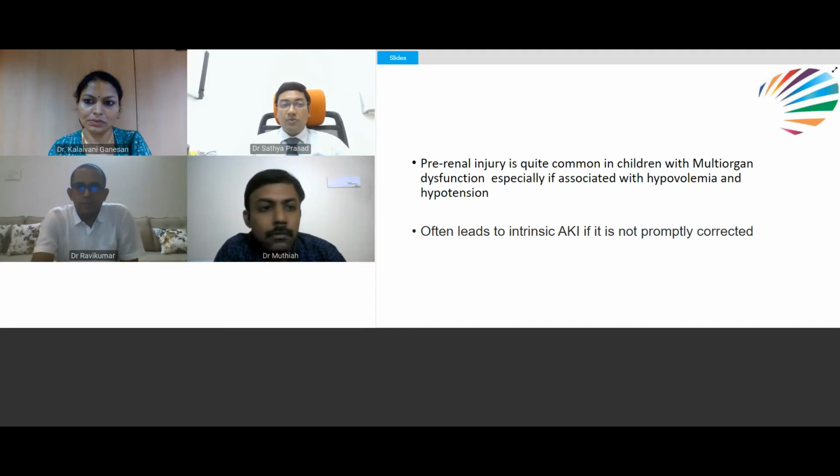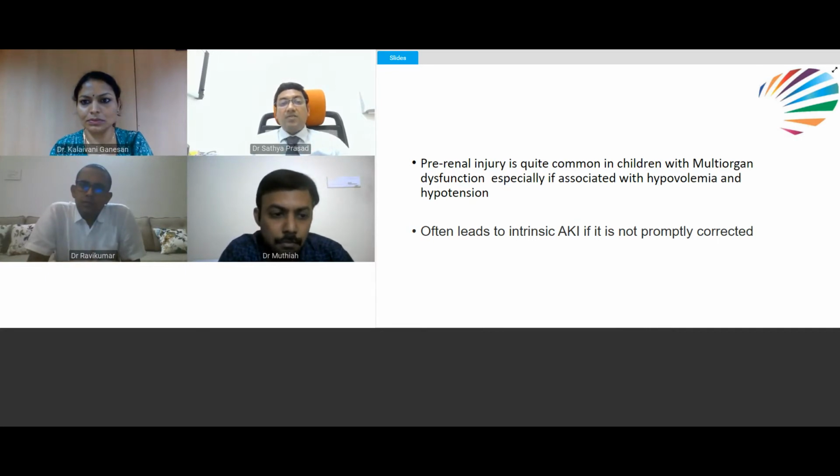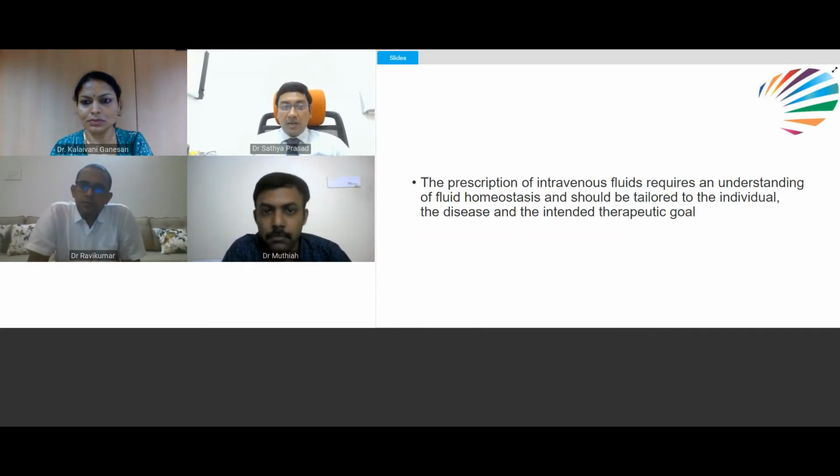This often leads to intrinsic kidney injury if not promptly corrected. The prescription of intravenous fluids requires an understanding of fluid homeostasis and should be tailored to the individual, the disease, and the intended therapeutic goal.